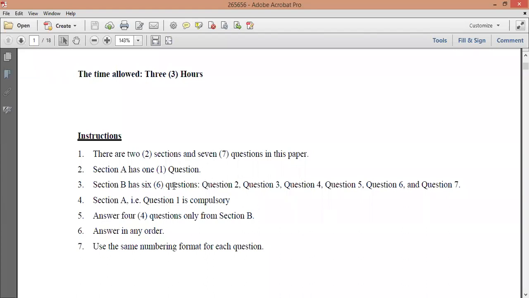I'm not the one who set this paper, but for my papers, section A has 2 questions, while section B has 5 questions. So you answer a total of 5 questions out of 7, except 2 are compulsory. Why do I do this? Because I like to emphasize theory as a way of knowing whether or not a student has understood.